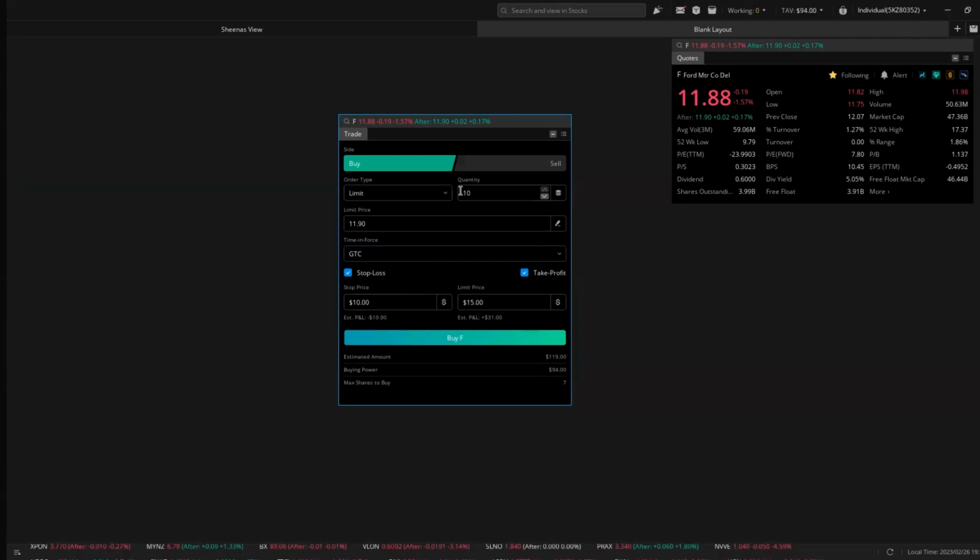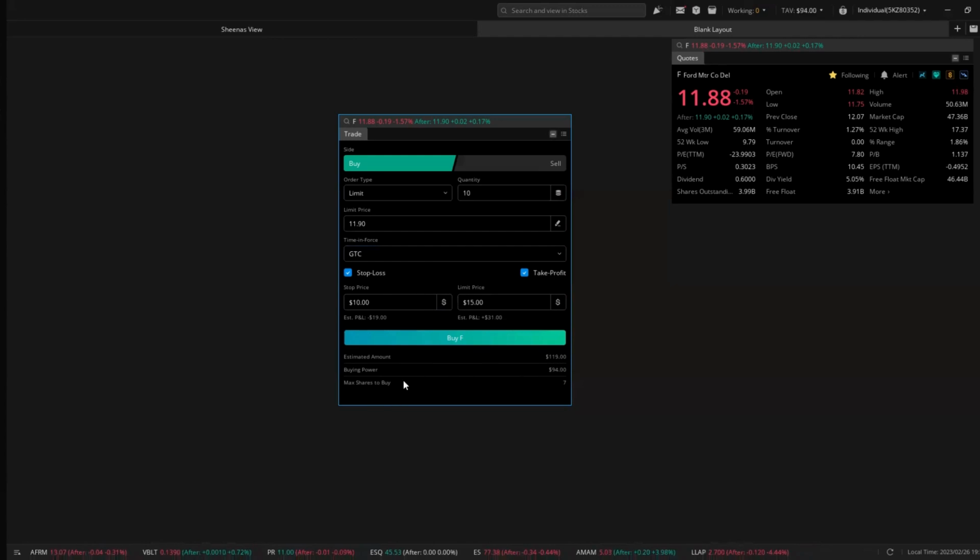So now at 10 shares at a price of $11.90, if the stock dropped to $10, I would lose $19. If the stock went to $15, I would have a gain of $31. So you essentially just want to make sure that you're setting those to the percentages that you're looking to get, and also keeping your losses low.